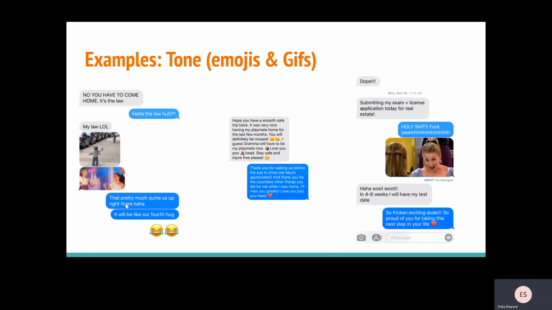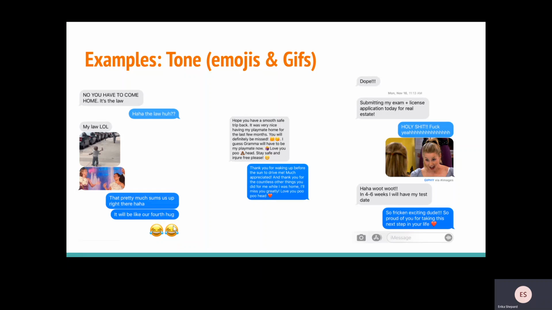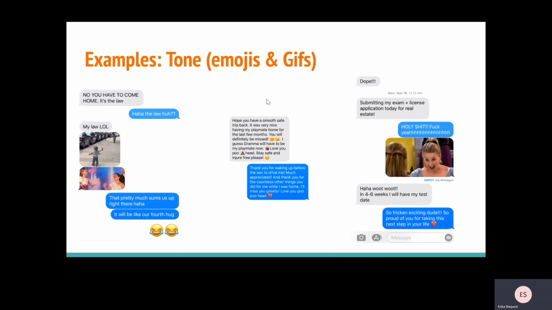And then underneath we have emojis, basically just reacting to the GIFs above. In the middle, we have a text between my mother and I. She is in the gray.